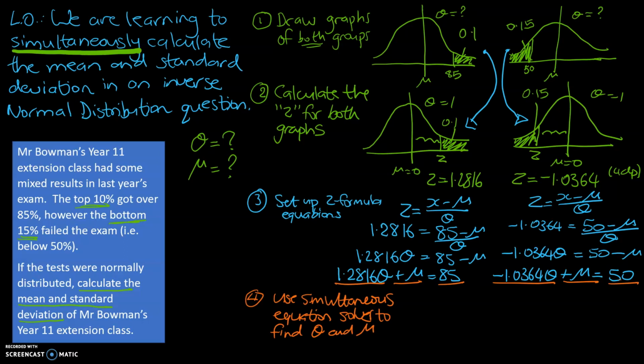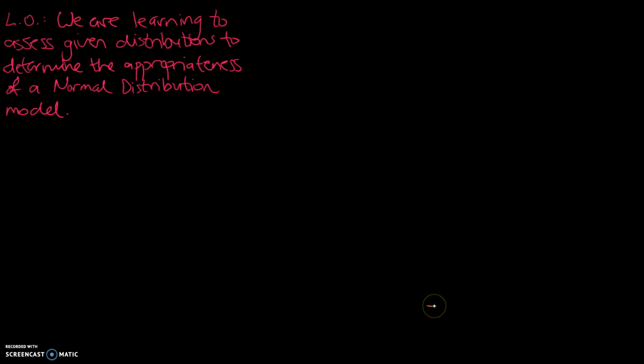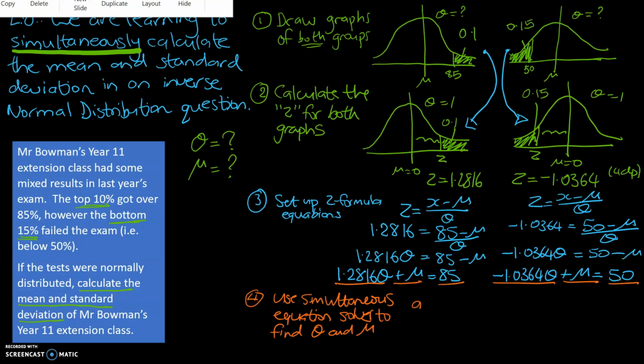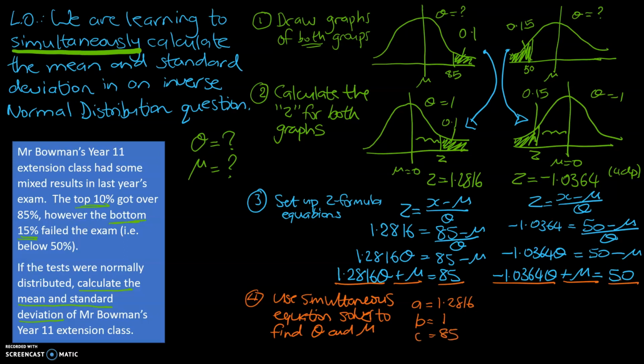The way the graphics calculator works is a bit unique, and in the link below there is another video that describes it, but you've been asked to identify A, which in our case relates to the standard deviation, 1.2816. You've then been able to identify B, which is 1, because there's one standard deviation or one mean, and then you've been asked to identify the number on the other side.